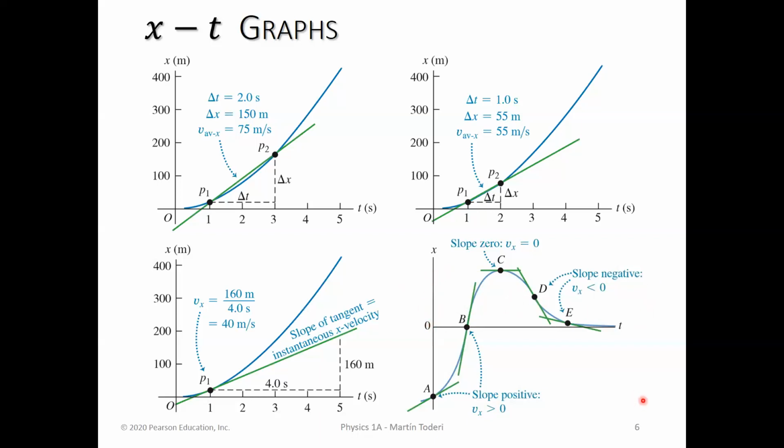So the particle is going up, up, up until it reaches C, stops for an instant, and then starts going down again. So now you see that we have a negative slope, and that negative slope means that we have a velocity which is negative, meaning that it's moving against the coordinate axis we defined.